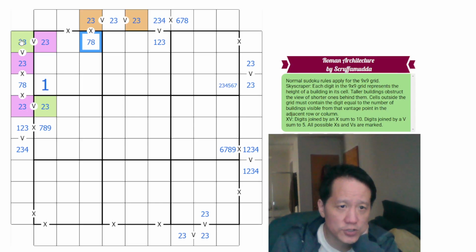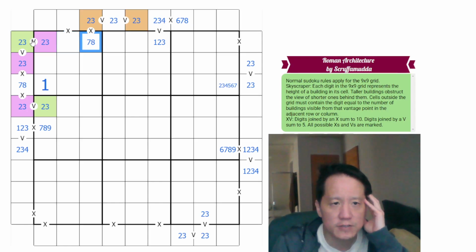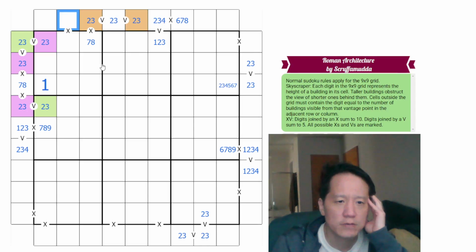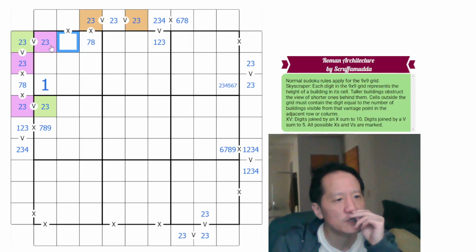So if this is 2, this would have to be 3, which would force this to be 2. But this is 7 or 8. So it cannot... Oh, no, it would have to be 9 here, which would be 1. Which is possible, actually. So if this is 2, this is 3, and that's 9. That's possible. If this is 3, this is 2.